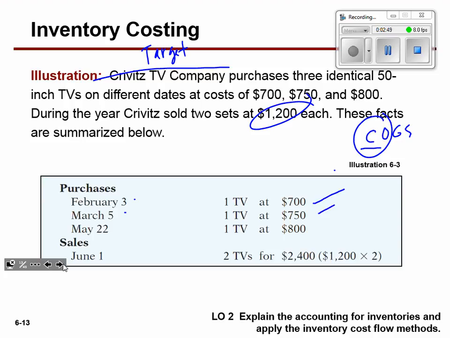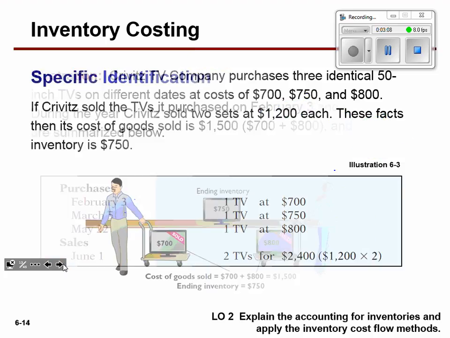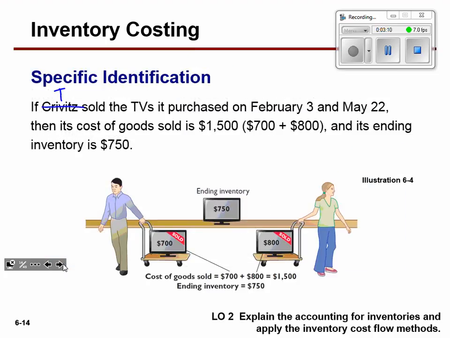Especially as the year went on, the prices were going up by $50. So I'm selling these 50-inch TVs at $1,200 a crack. I have 3 different costs. Which one are we going to use? It matters. So again, I'm going to use Target.